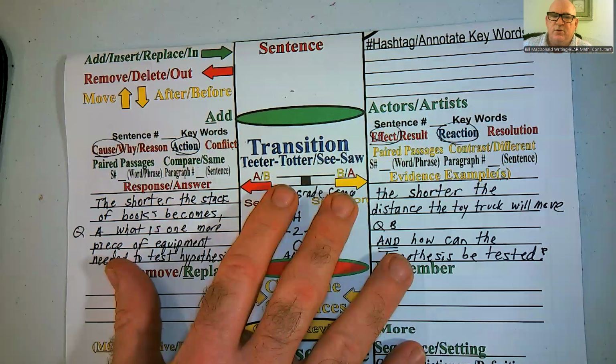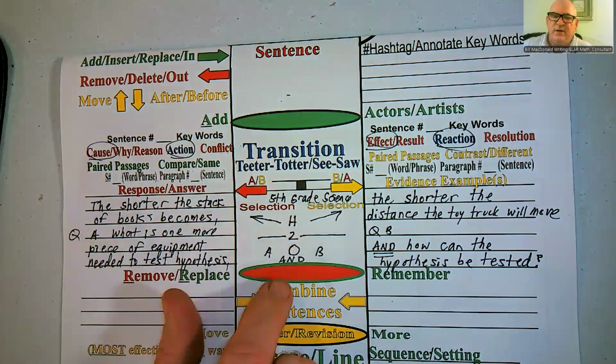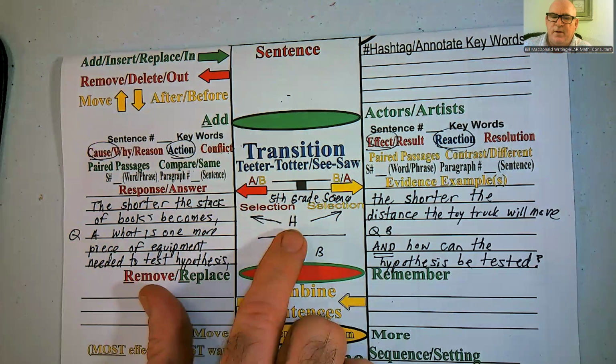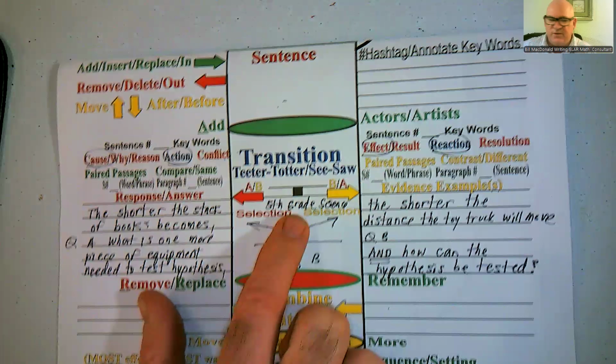So the first thing that your students saw was the H of H2O, the hypothesis. Okay. This was 5th grade science, number 15.